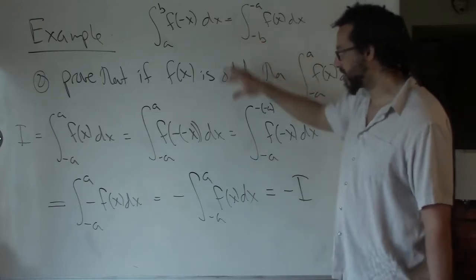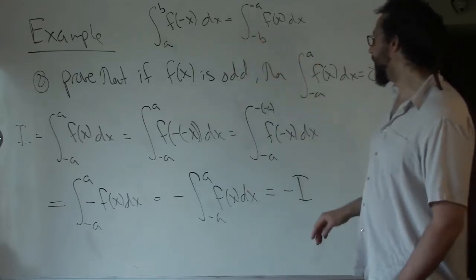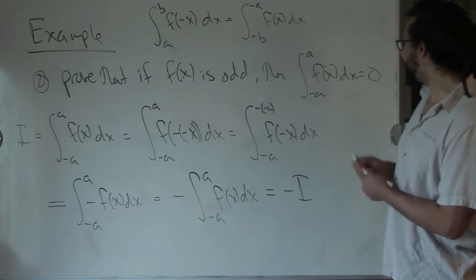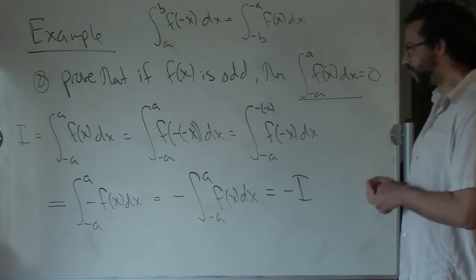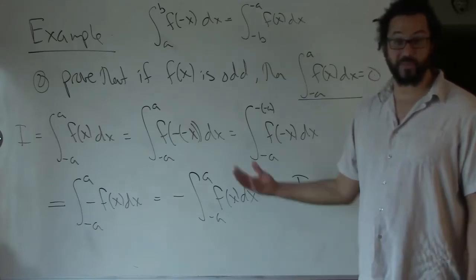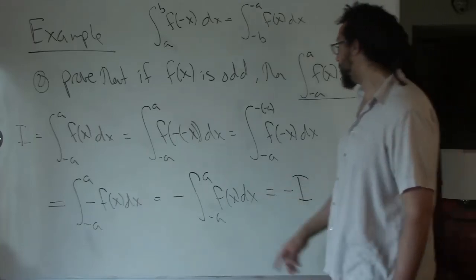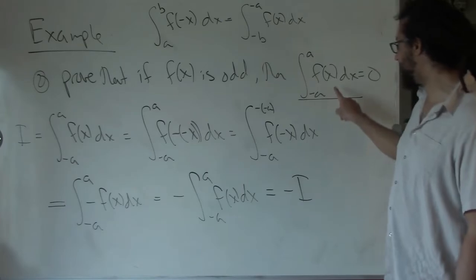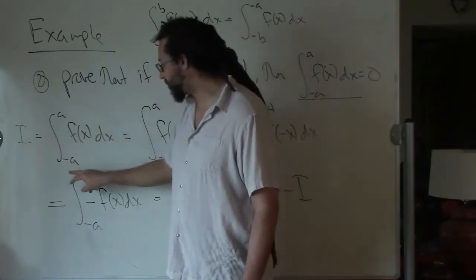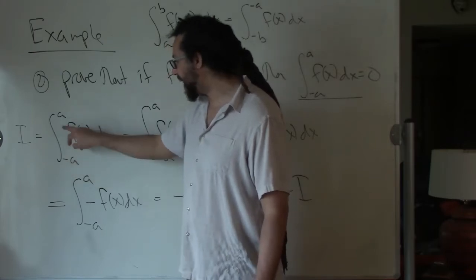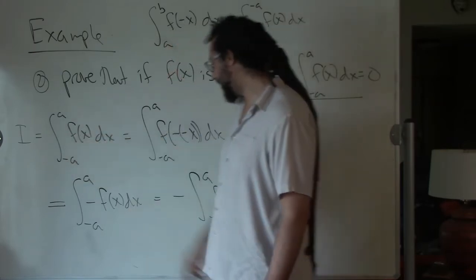So we're going to use this fact in our proof here. So now, I'm just going to start with this integral over on the left-hand side and just try to apply u substitution and see what I get. So let me call this thing on the left-hand side I. So capital I is equal to the integral from negative a to a of f of x dx.